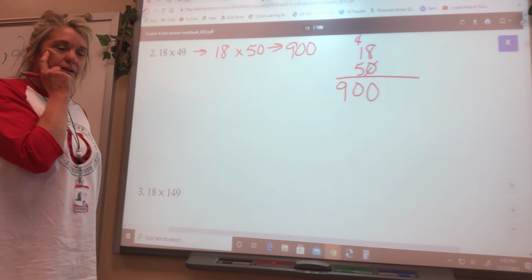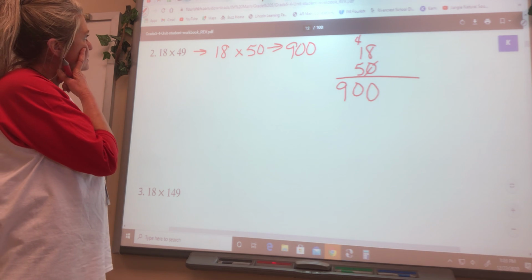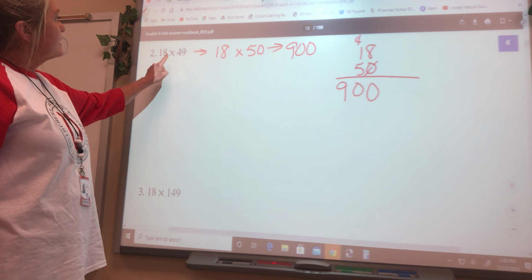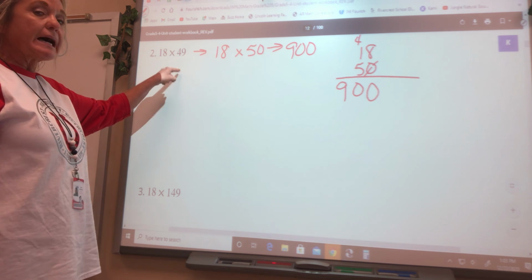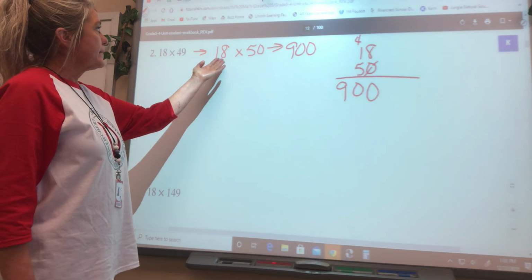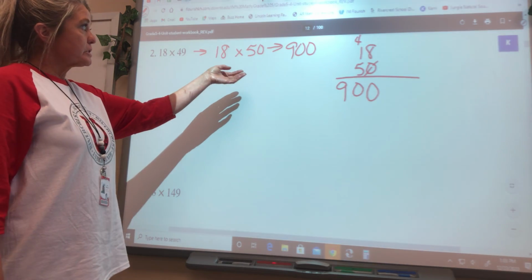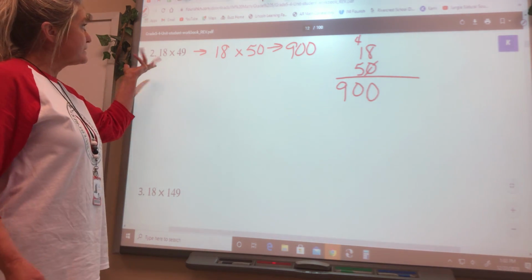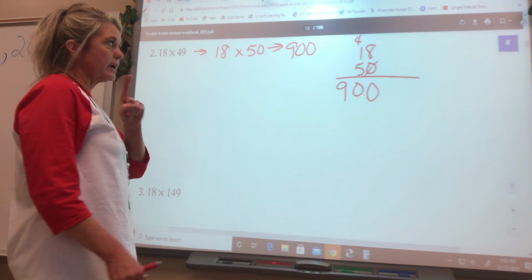And then let me think, let me reason. Okay, the actual problem was 18 times 49. But to be able to do it quicker, I used 18 times 50. So I had 18 one less time, right?